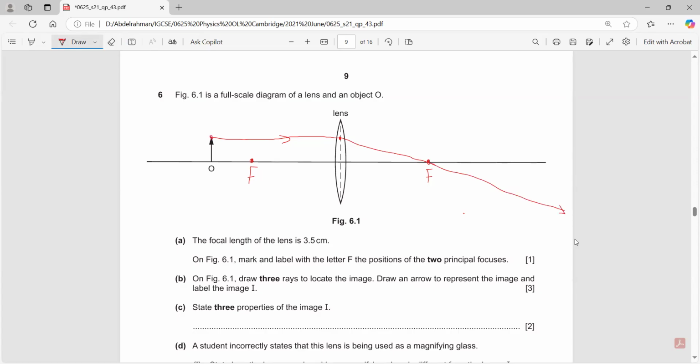Anyway, the second line would pass through the center. Extend the line until they both meet on the other side. And the third line would pass through the focal point, and then it will move parallel, and they will all intersect at the same point.